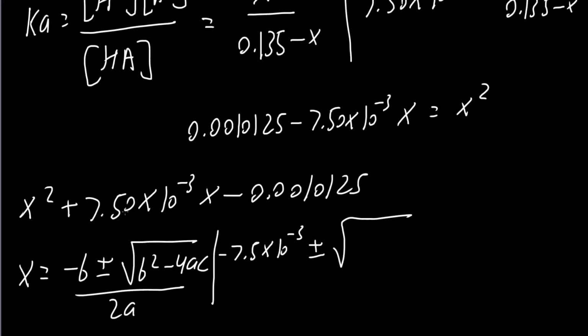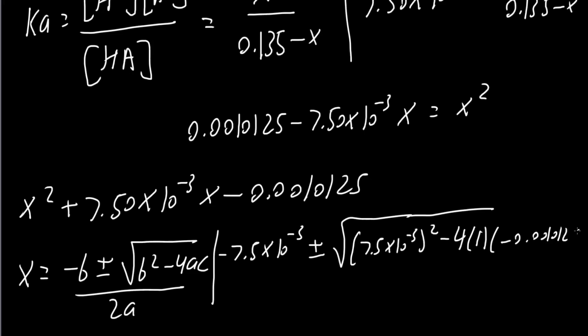B squared, so 7.5 times 10 raised to negative 3 squared, minus 4AC, so minus 4 times A, which is simply 1, times C, which is negative 0.00100125, close parentheses, and then this whole thing divided by 2A.